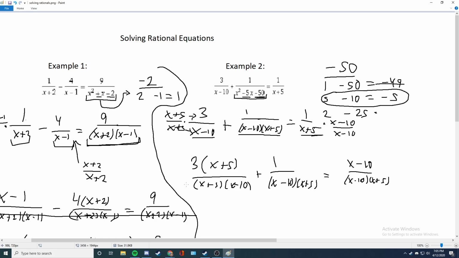So now again, since all the denominators are the same, we can cancel them all out. This only works if every single term in the expression has that denominator.